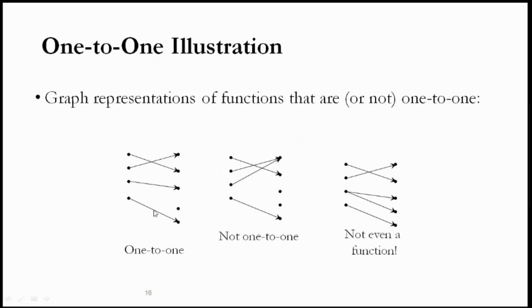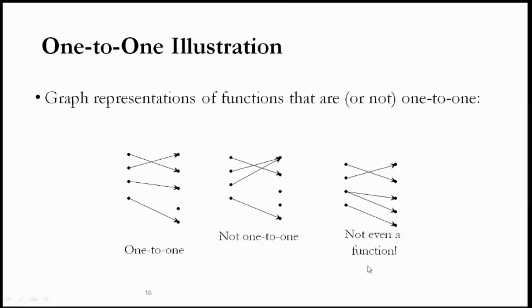Here one-to-one means one element in the set A is giving you one element in set B. But in this case, these two are mapped to one element. So it is not one-to-one. And here it is not even a function like I mentioned.